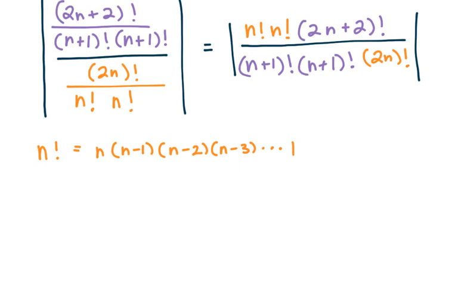Okay, so a factorial, like 5 factorial, we would say 5 times the term before it 4 times the term before it 3. So that's what that n minus 1, n minus 2 are. So what does n plus 1 factorial look like?